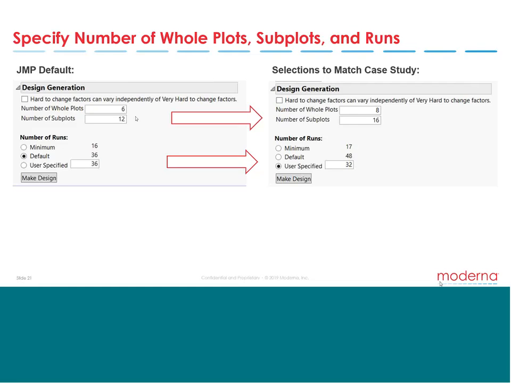So essentially, to create the balanced design and a half fraction that we were looking for, we decided to change these numbers. To make it balanced, we changed the 6 to 8 and the number of subplots from 12 to 16. And then to get that half fraction, we specified the number of runs that we wanted at 32.